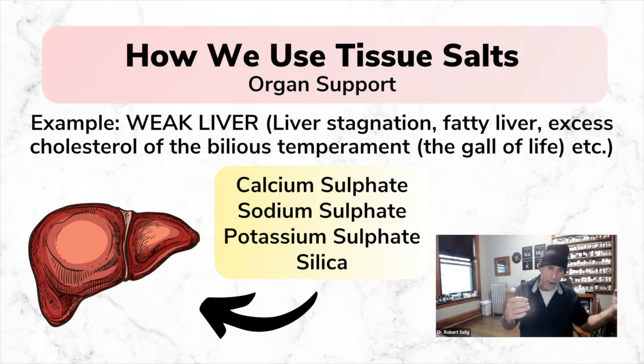Wherever water goes, sodium goes. Wherever sodium goes, the water goes. So the sodium sulfate is directing the water into the liver to delineate what needs to be eliminated, what needs to be reabsorbed. And that's the intelligence of these cell salts.